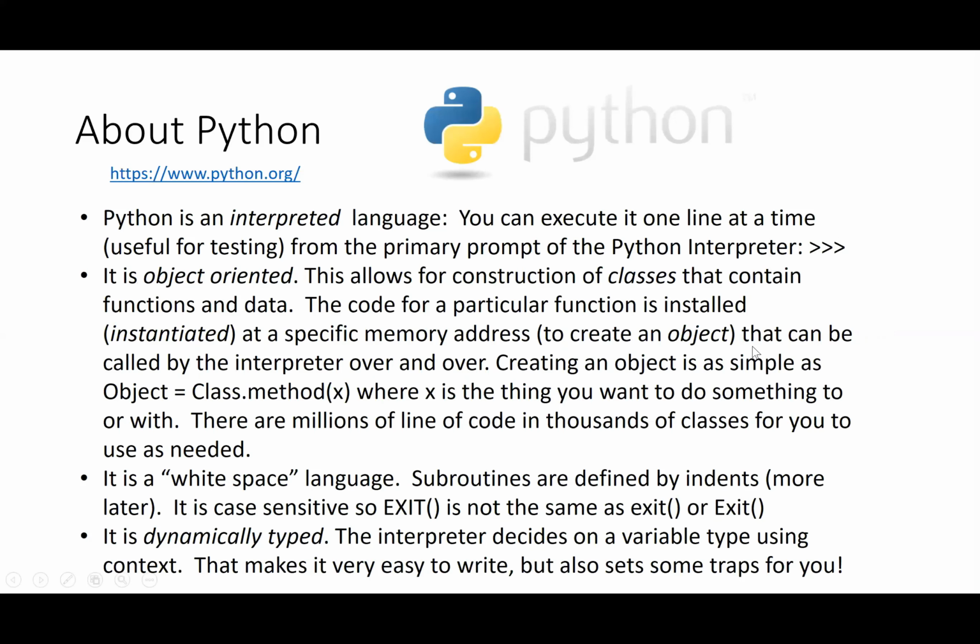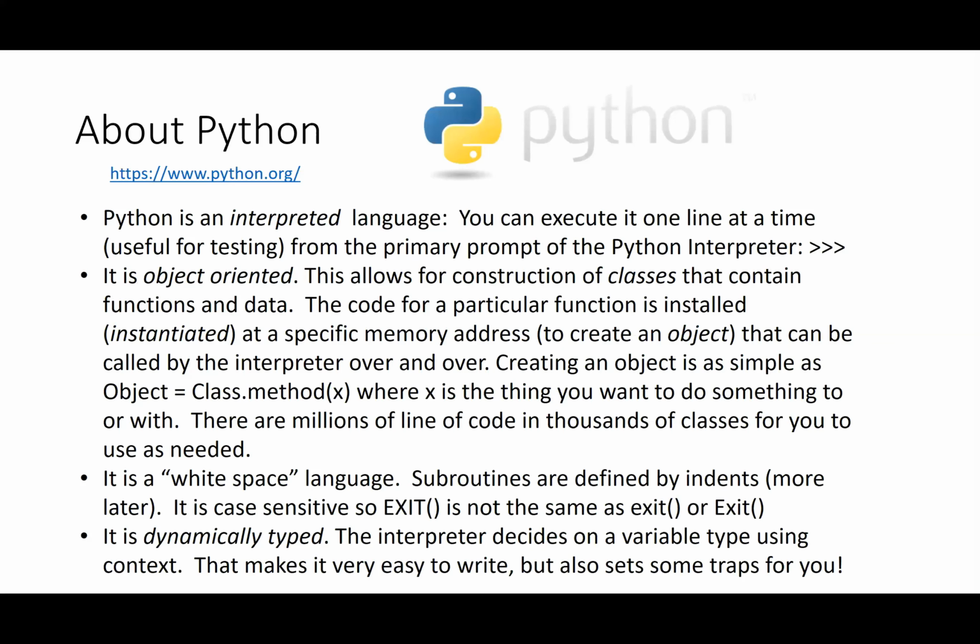Something that is really quite unique about Python is it is dynamically typed. With other languages, you have to tell the interpreter, this is going to be an integer, so please reserve 2 bytes of memory for it. Or this is going to be a logical variable, so please reserve 1, and so on. Python figures out what to allocate in the memory based on the context of the statement.